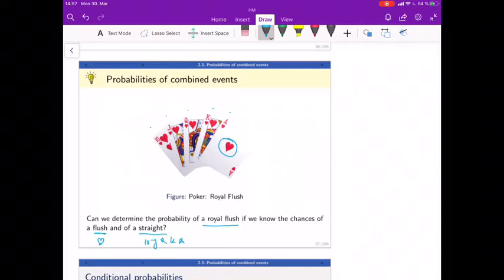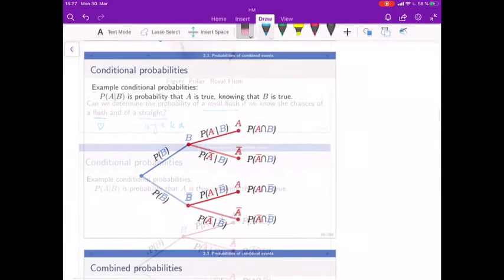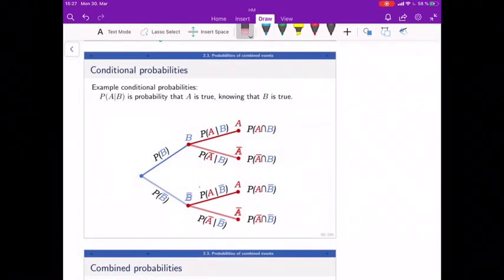So how do we put things together for that? So conditional probabilities. There's now a new symbol, this one here, which means the probability of A under the condition that B is true.